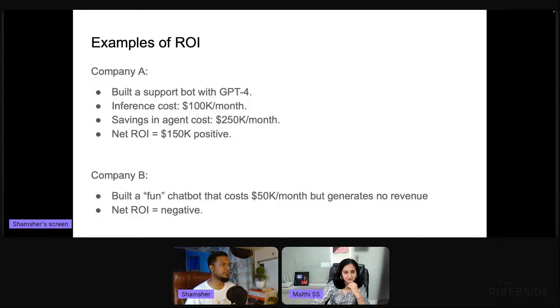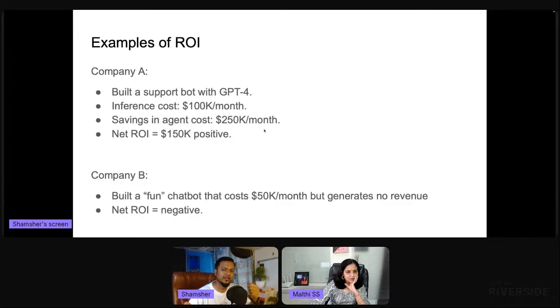Just to give an example of ROI, let's take company A. They built a support bot. Every time you buy something from them and have any problems, you ask the support bot instead of calling a support agent. They use GPT-4, and inference costs approximately 100K per month. Instead of hiring 20, 25, or 50 support agents, they use this support bot to quickly answer questions and doubts, like when my delivery is coming, or if I have a fault in the product I receive, I just share an image and it responds quickly.